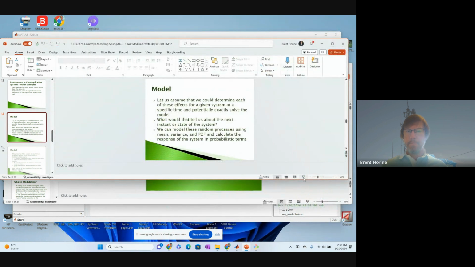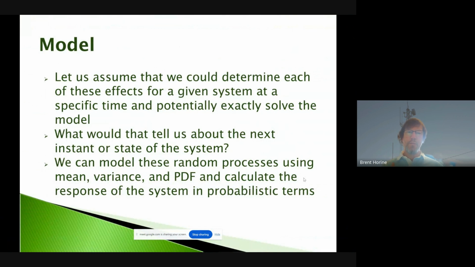Okay. So let us assume that we could determine each of these effects for a given system at a specific time and potentially exactly solve the model. What would that tell us about the next instant or state of the system? Even if we could identify, in that example, all the different reflections, we could solve the system in that particular case, but that's not going to help us in the next instant or some other implementation of the state of the system.